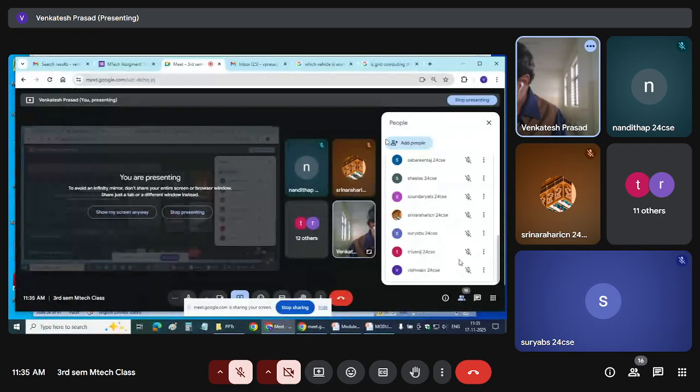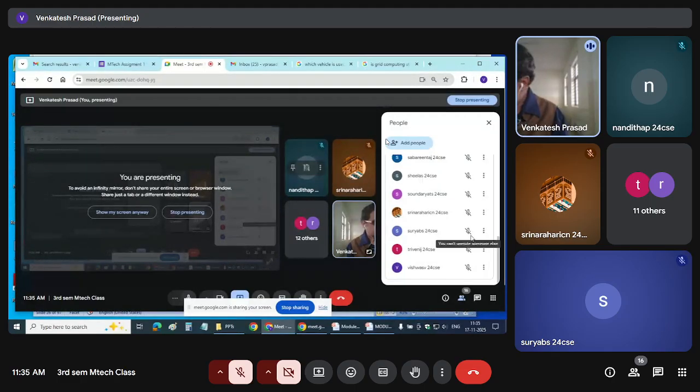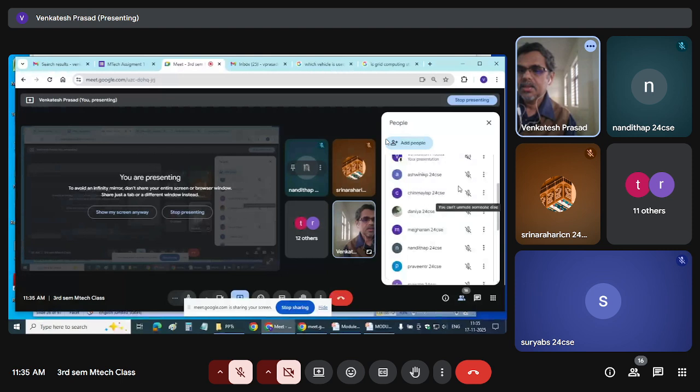Srinidhi is there. Sri Narahari is here. Then Surya, Triveni, Vishwas. So Saujanya is missing. Srinidhi Krishna is missing. Tejaswini is missing, surprisingly.